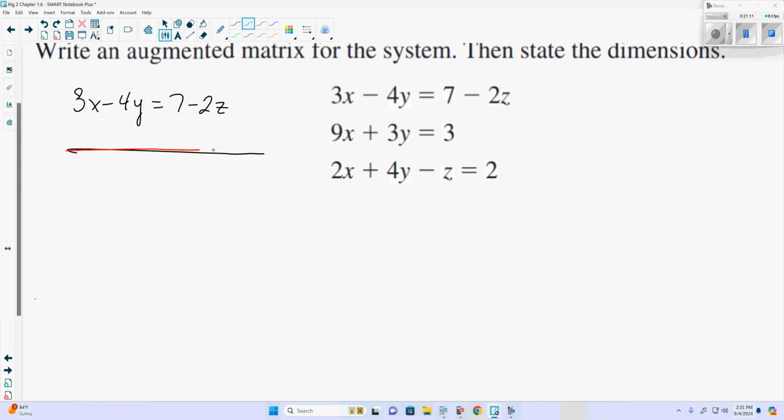So I need to move the 2z from the right side to the left. We can add 2z. If it was positive, we would subtract 2z. So here, I can add 2z to both sides. Because here, negative 2z plus 2z is 0. And on the right-hand side, we have 3x minus 4y plus 2z is equal to 7. All right?